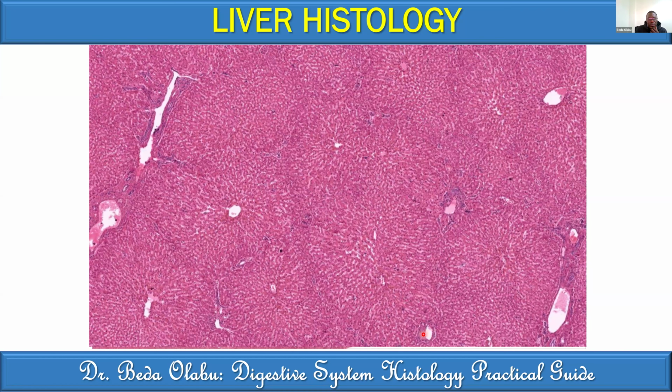Again, when you look at a region that has a portal triad, it is possible to see 4 or 5 structures instead of just 3. That does not make it change its name. The issue here is that you may have a portal vein that has just branched.